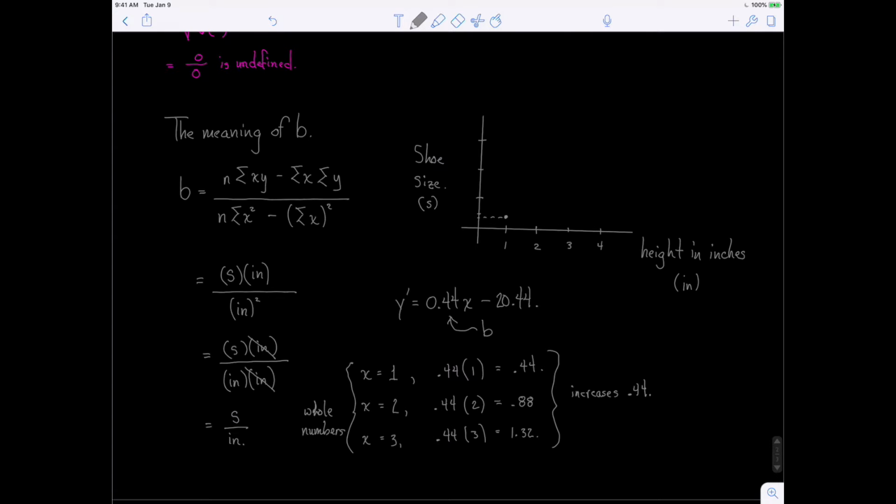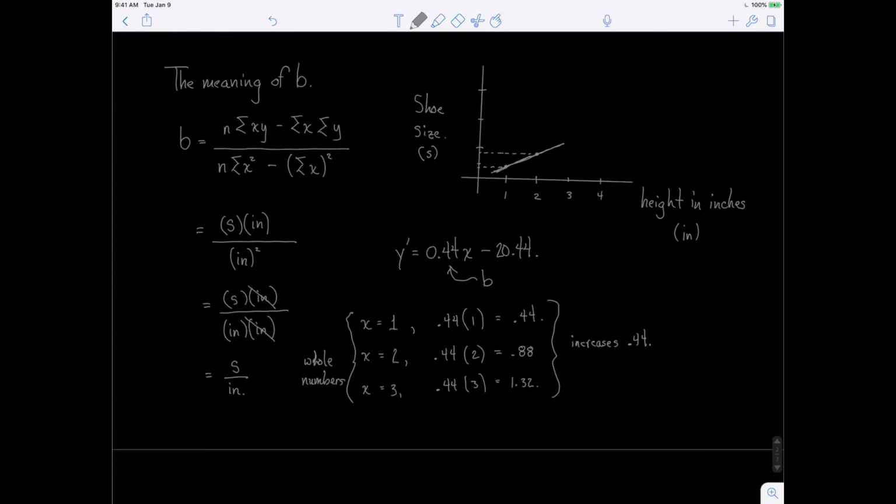And when x is 2, well, now we're at 0.88. We still haven't even gotten to a whole unit yet. And so you can see that even though the x's are increasing pretty quickly, the shoe size is increasing slower than the height is. And so that's what B is.